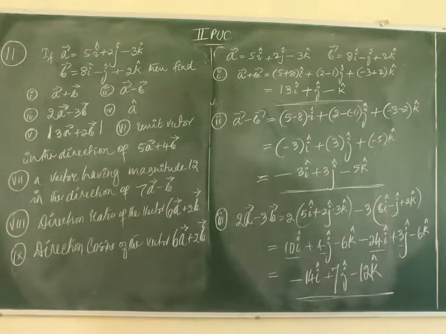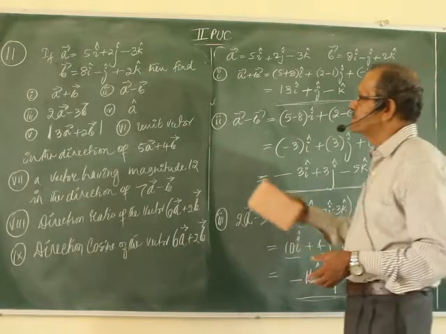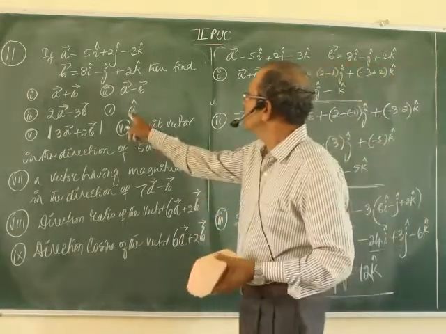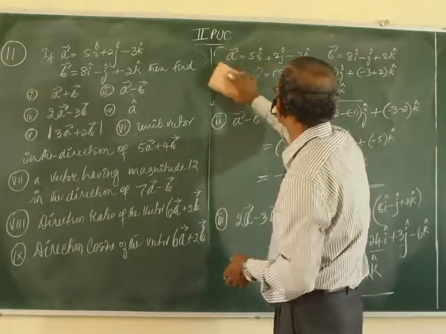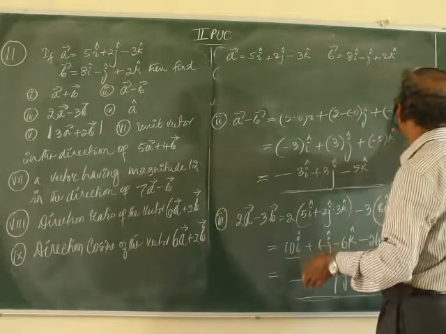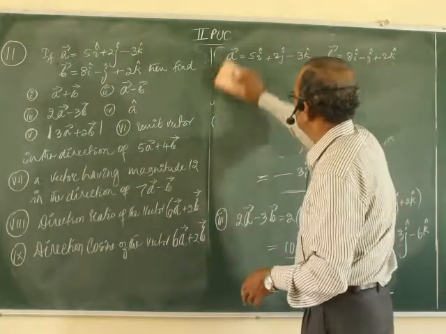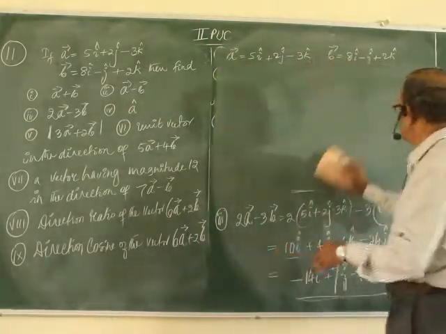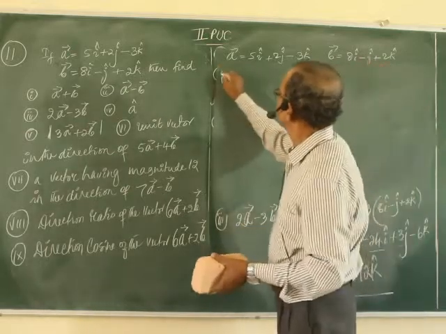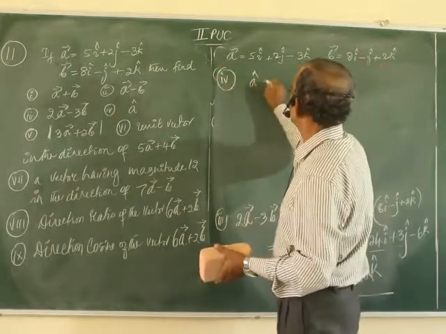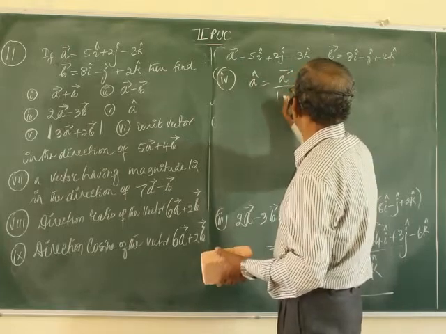Fourth one. Find a cap. A cap is vector a by mod a.